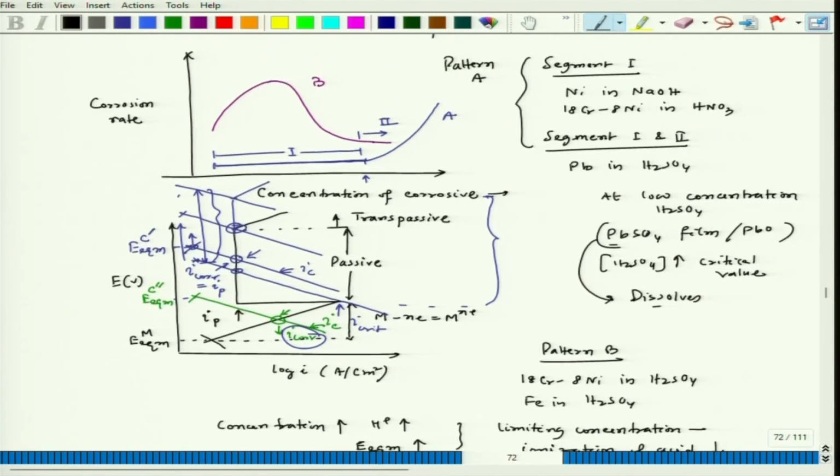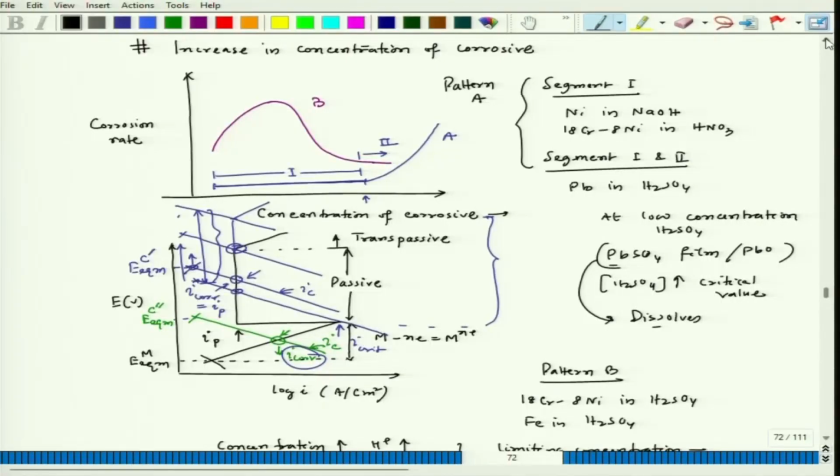So this is the case where we can see pattern B: it gradually increases because of the ionization of the acid. At a certain limit of the concentration, ionization starts decreasing, and at a very high concentration, ionization becomes very limited. So then we don't have the active species for the reduction process, and the corrosion rate of that metal decreases.